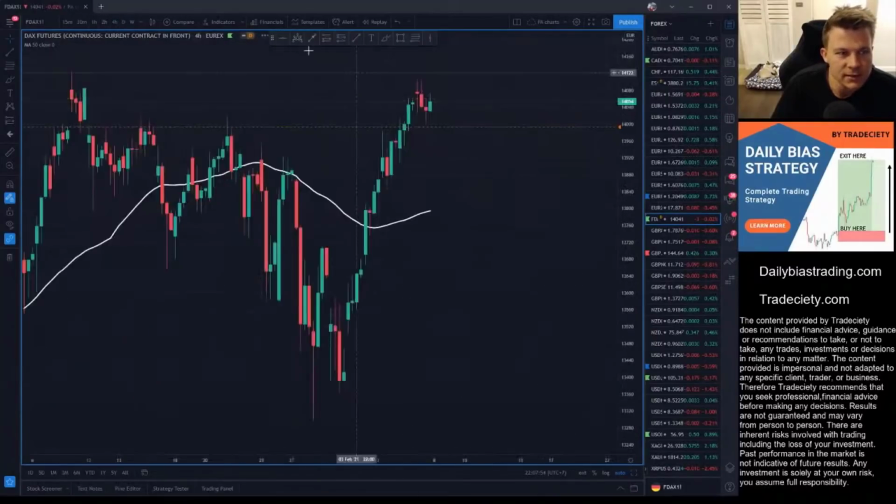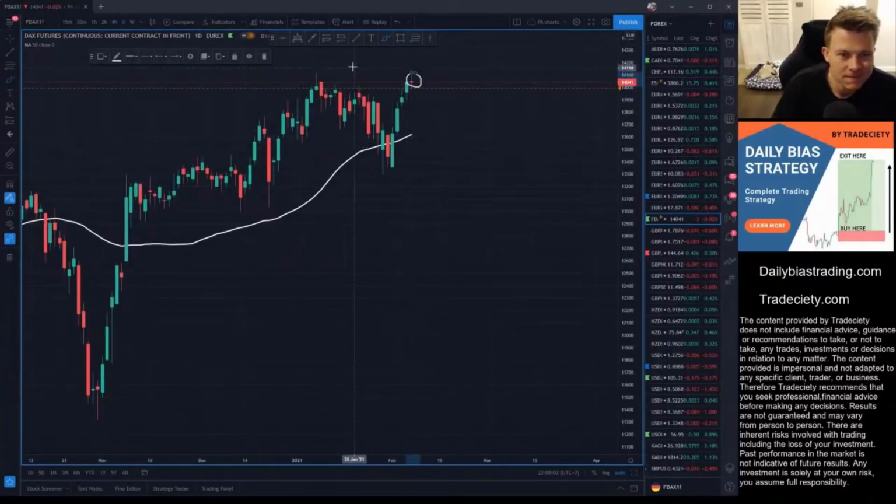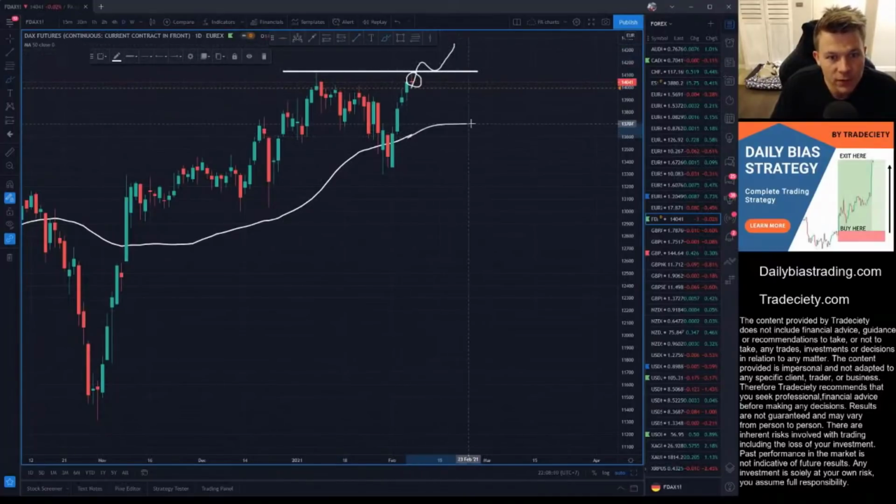I would require the market to break out of the lower pattern. Obviously, you have two options now. Continue into new highs. Or to the downside, the first reasonable target would be the 50 on the daily.